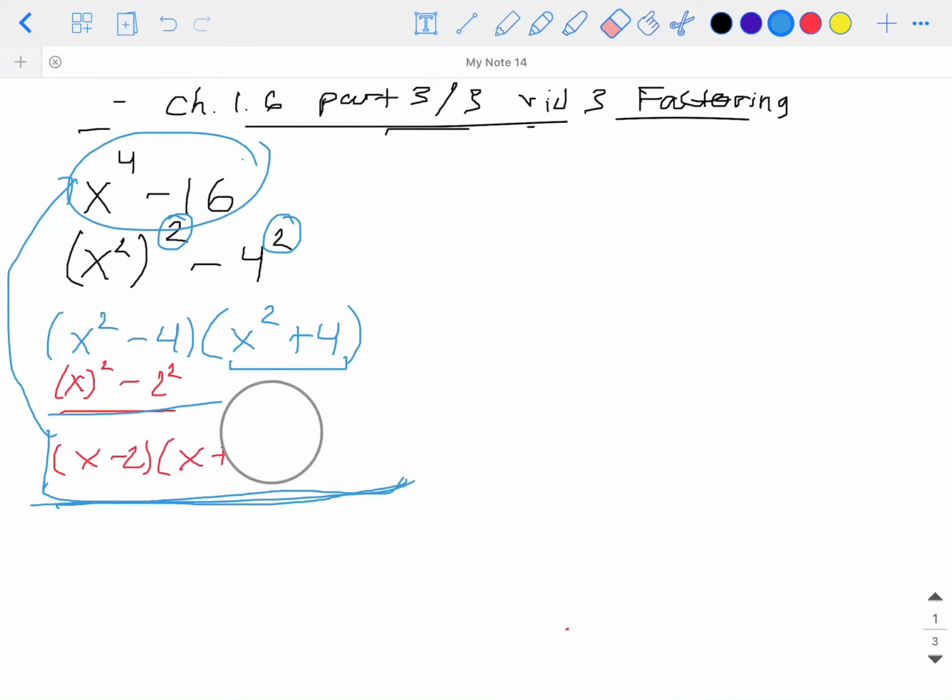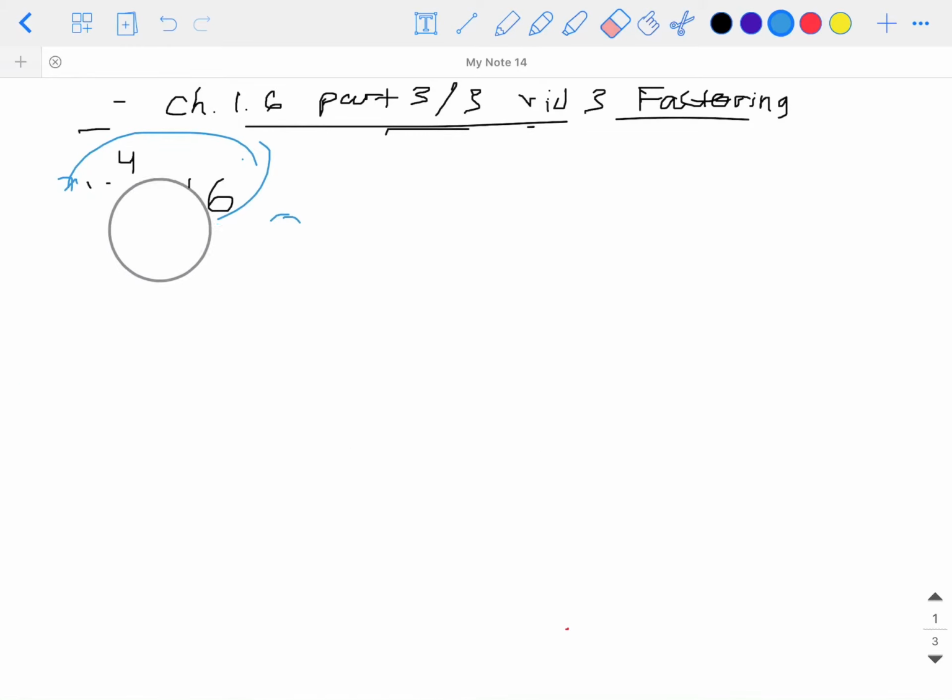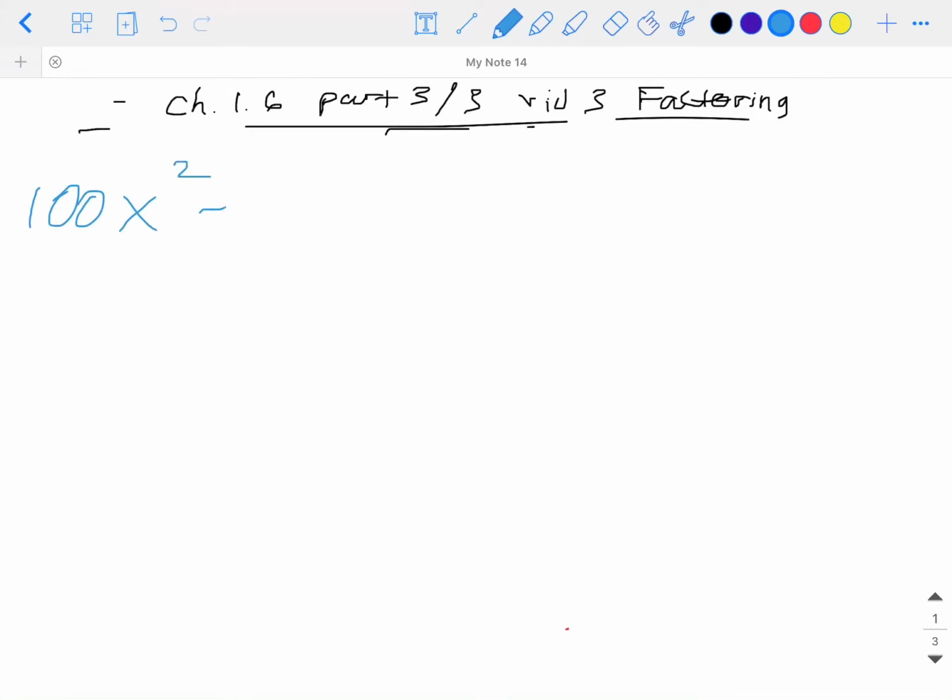Moving forward, let's say I have terms like 100x squared minus 16.